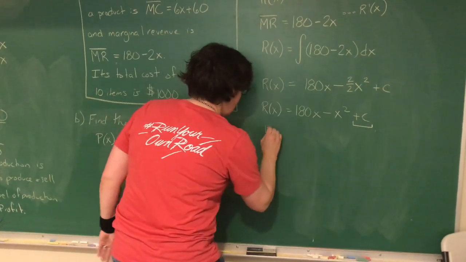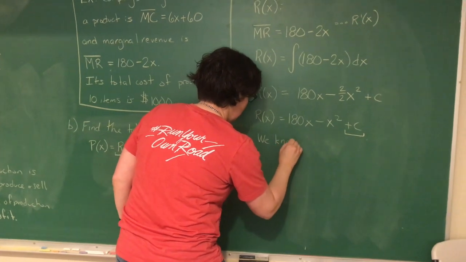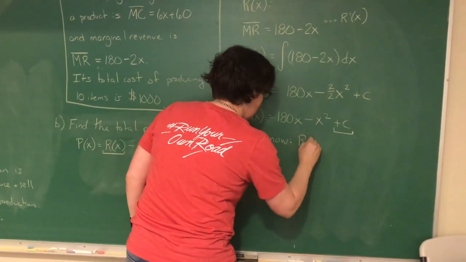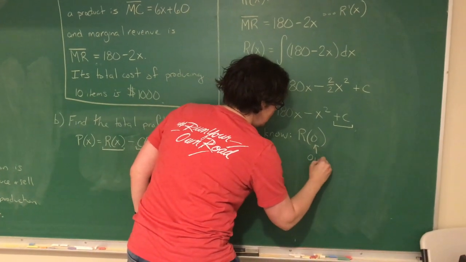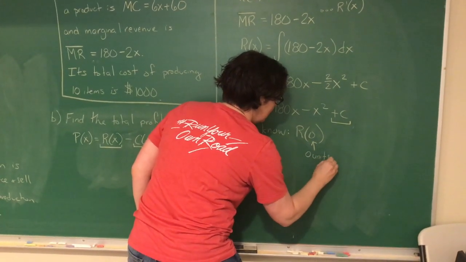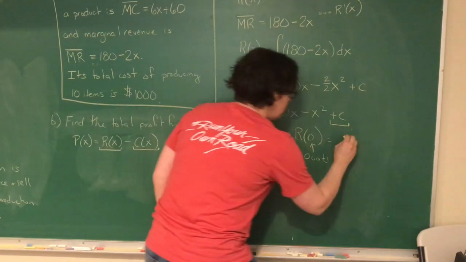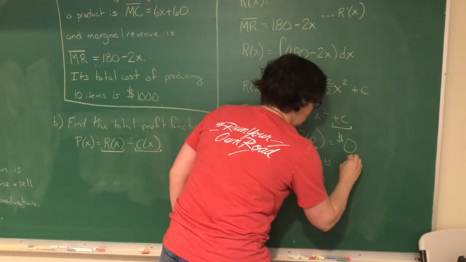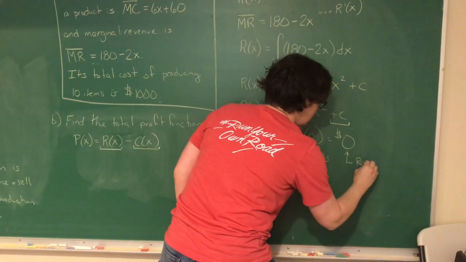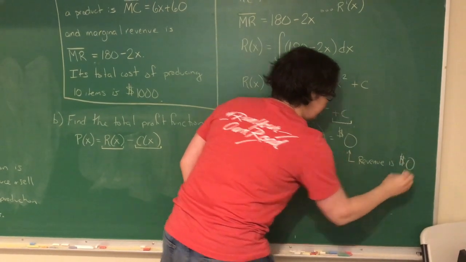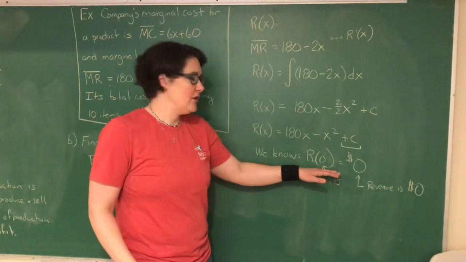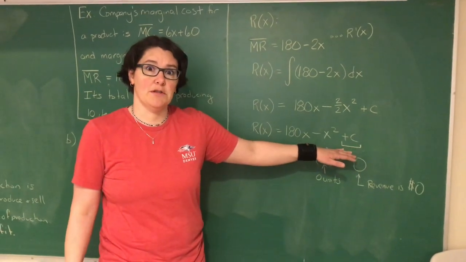Okay, so we know that if we sell 0 units, then our revenue will be $0. And I can use this piece of information to calculate what C should be equal to.